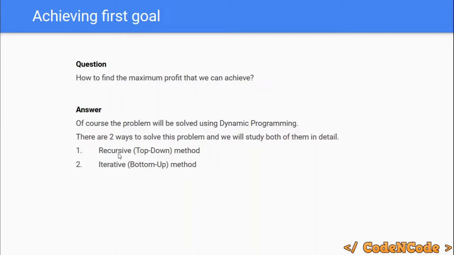So we'll be studying recursive, that is the top-down approach, as well as iterative, that is the bottom-up approach. In the future, I'll be referring to these two words, recursive or iterative, because I believe these two are more related to the implementation.